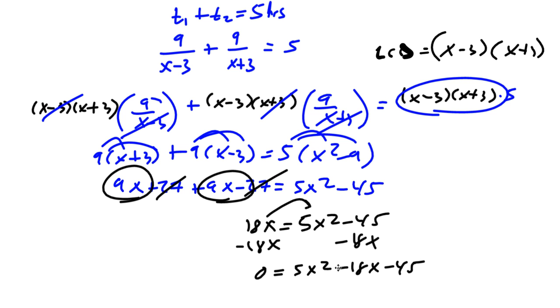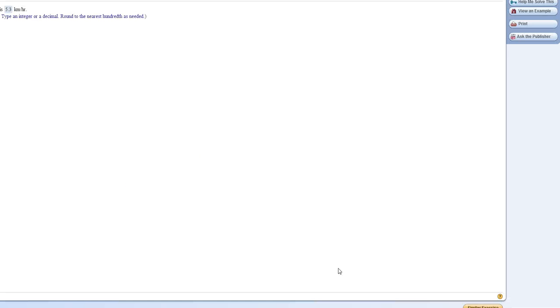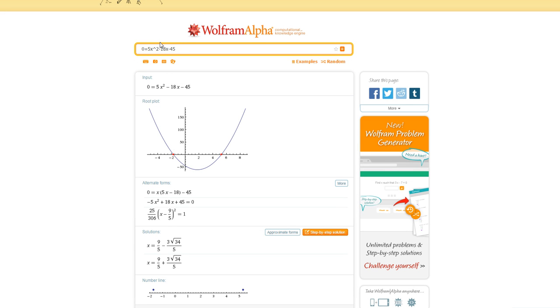If that wasn't as fun as we thought it would be, we can now use the quadratic formula, because this is not factorable. Because that's more brute work, I'm just going to go to Wolfram Alpha, where I already plugged that in. The answers are 9/5 minus 3 radical 34 over 5, and 9/5 plus 3 radical 34 over 5.